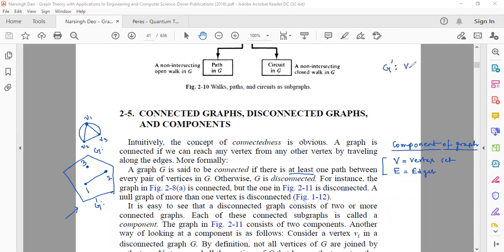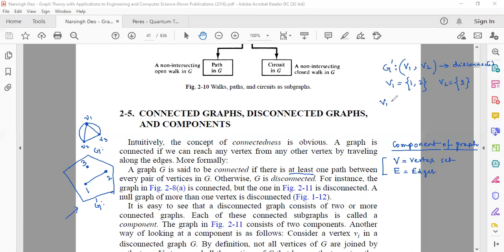So we can get two vertex sets V1 and V2 in G prime. Since there are two vertex sets in G prime, therefore the graph G prime is actually a disconnected graph. In one vertex set, we have the vertices 1 and 2, and in another vertex set, we have the vertex 3.